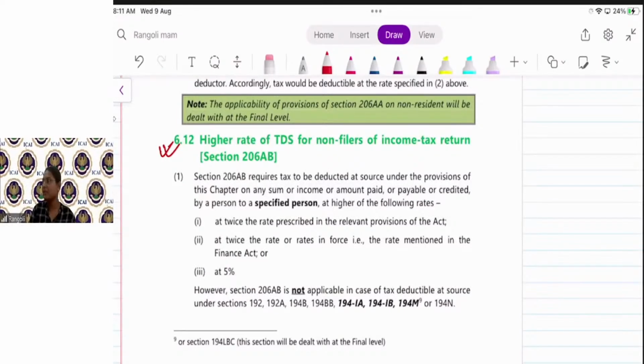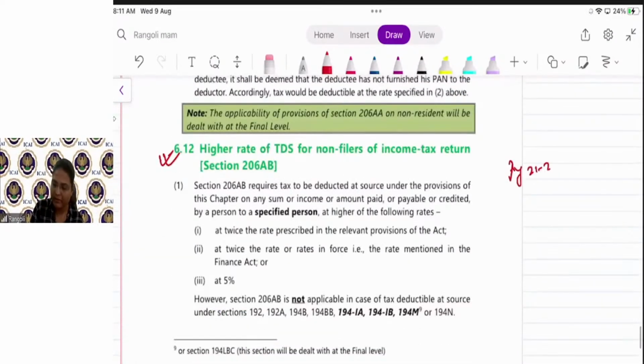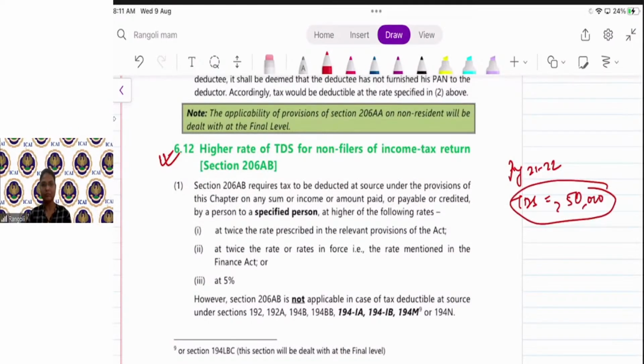Say for example, Mr. X has not filed the return of income for previous year 21-22, the due date for filing the return of income for previous year 21-22 has already passed, and in previous year 21-22, the total TDS on account of Mr. X deducted was more than 50,000.